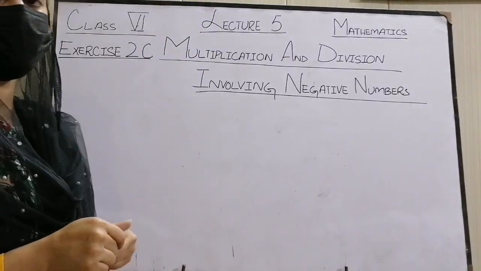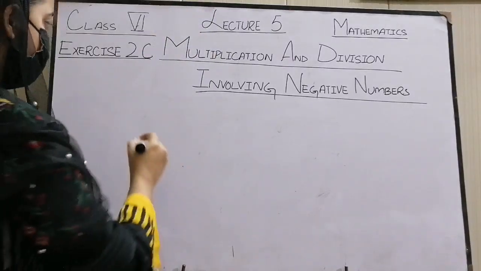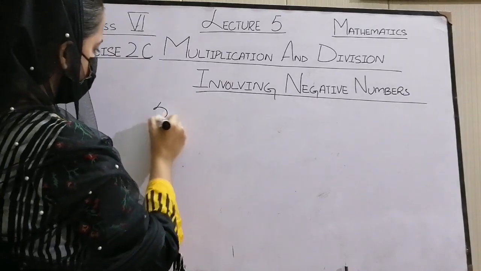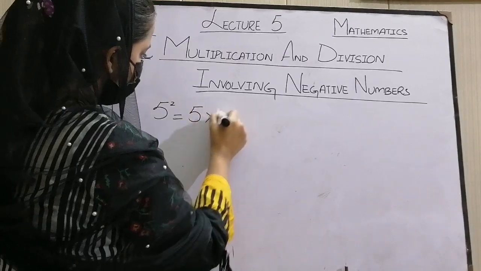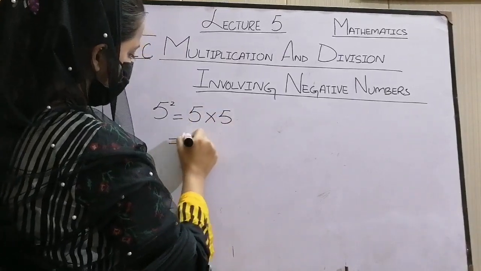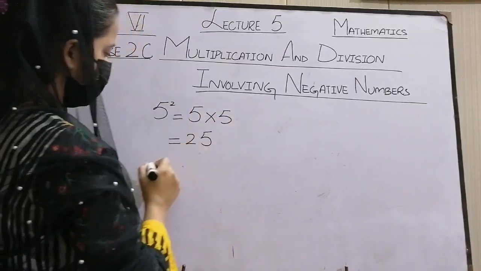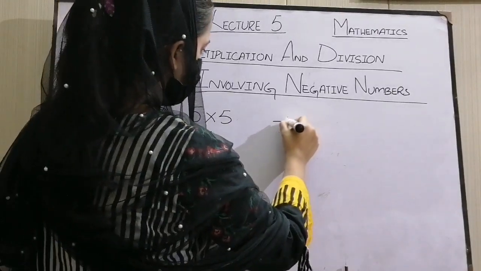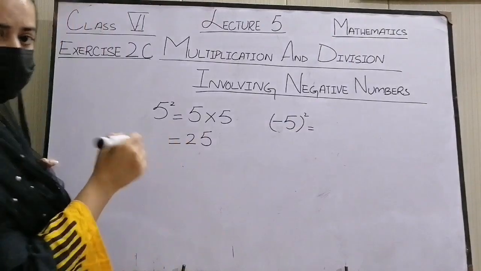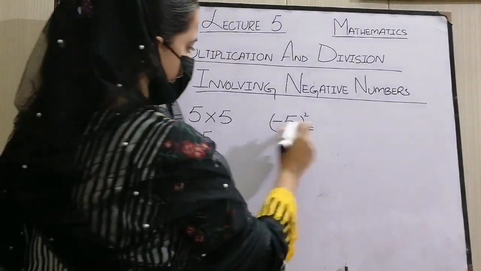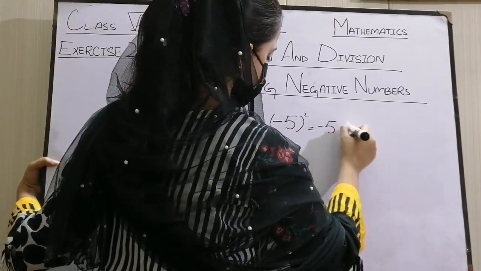Before starting question number 3, let's have a recap of squares and square root. 5 square is 5 into 5, which is 25. You already know that. And minus 5 square, you didn't learn to find out the square of minus 5. It is minus 5 into minus 5.